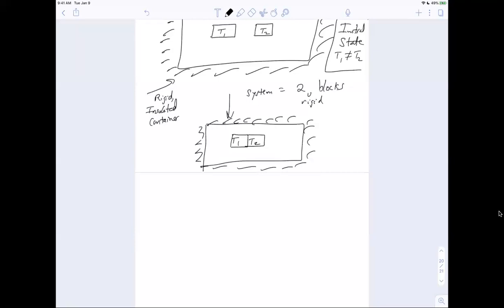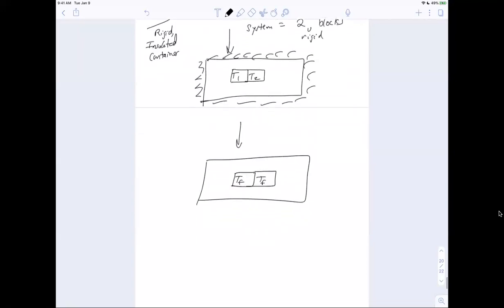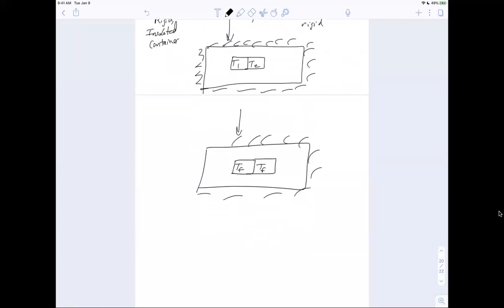Irreversible, right. This is irreversible. So at the final state, we're going to have the blocks at TF, and this is our process going on, and it's irreversible.